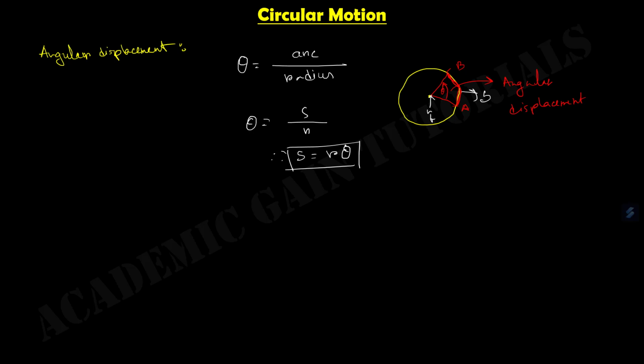And here is an important point: theta is in radian unit. So we will not consider this theta as a degree. Instead of degree, we will consider this theta as a radian.